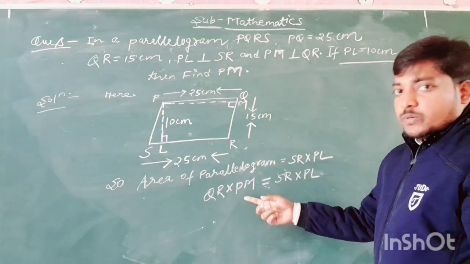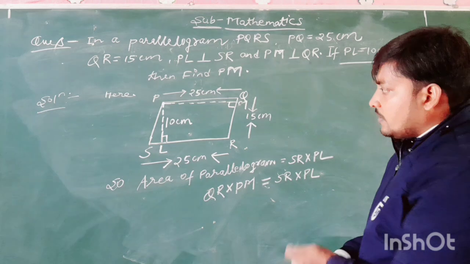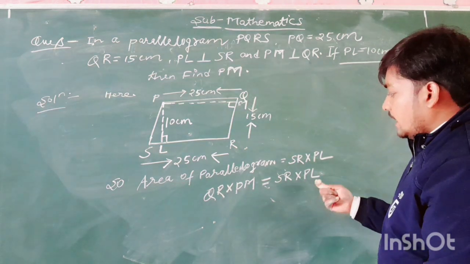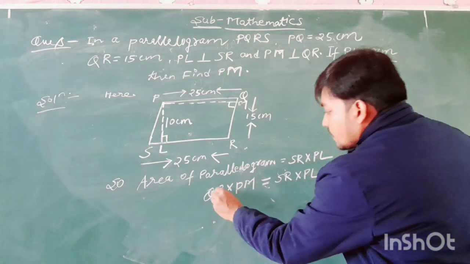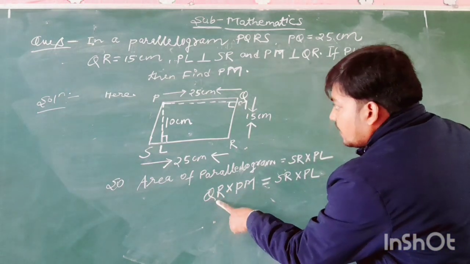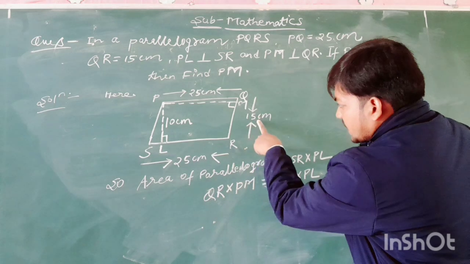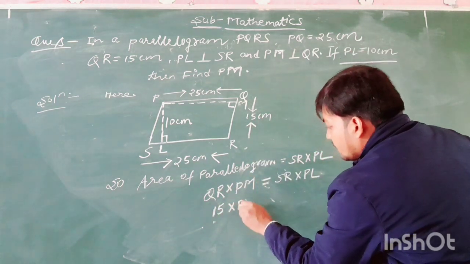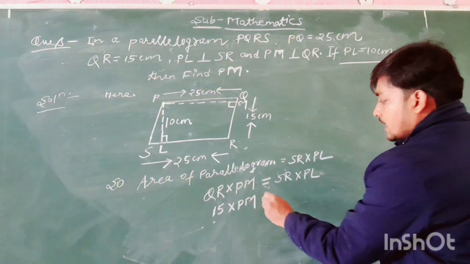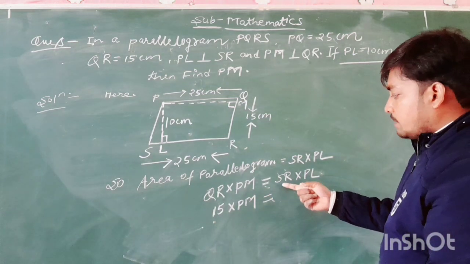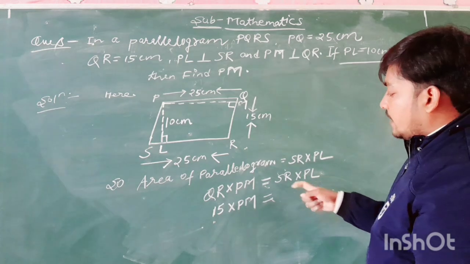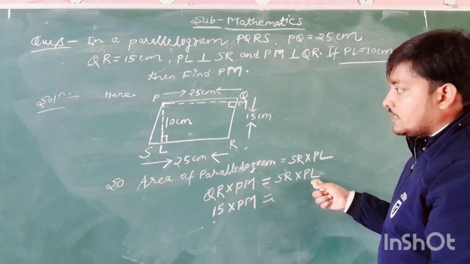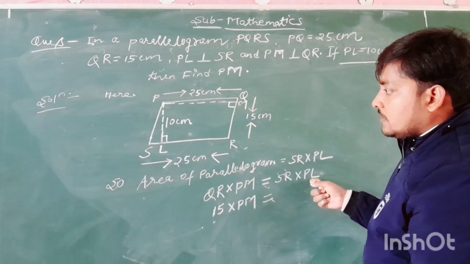Here we have to put the measures of QR, SR and PL. So the measure of QR is 15 centimeter, then 15 into PM in the LHS part, and in the RHS part SR into PL, where SR is base and PL is perpendicular height or altitude.